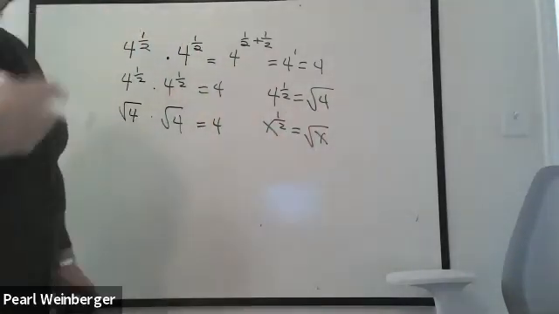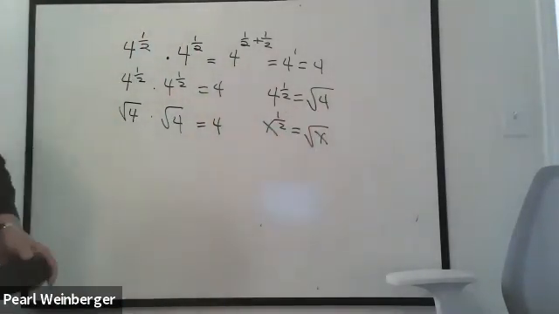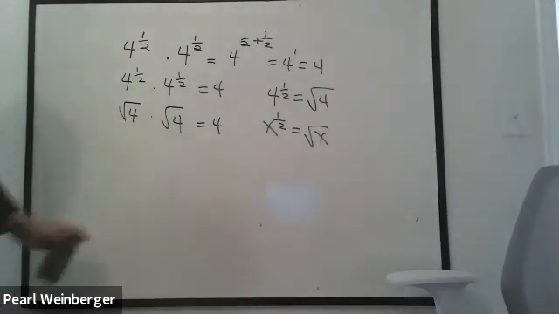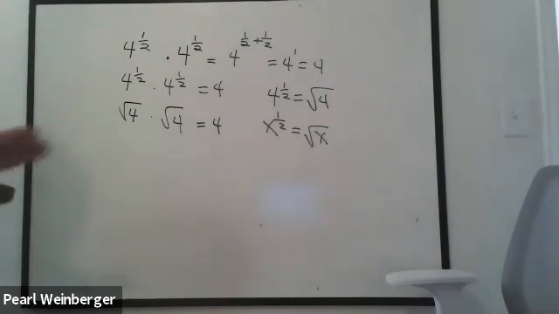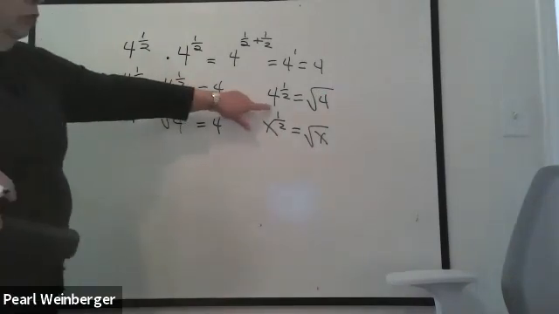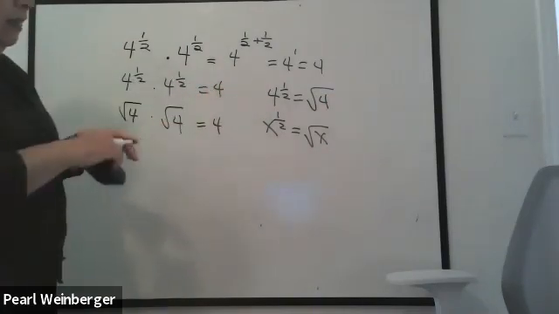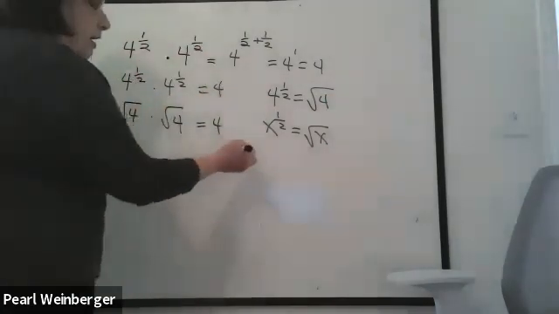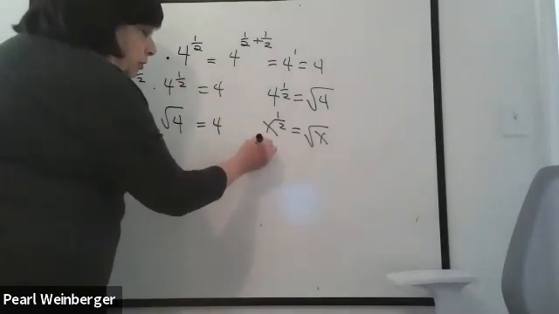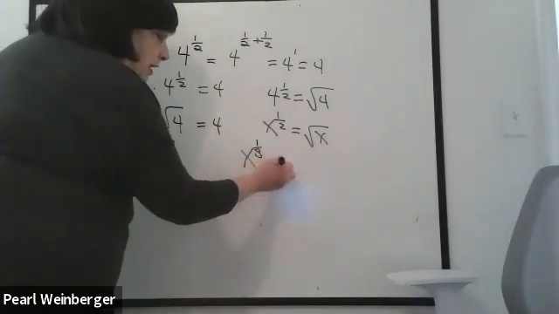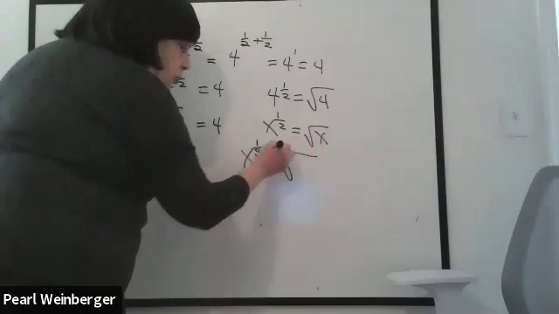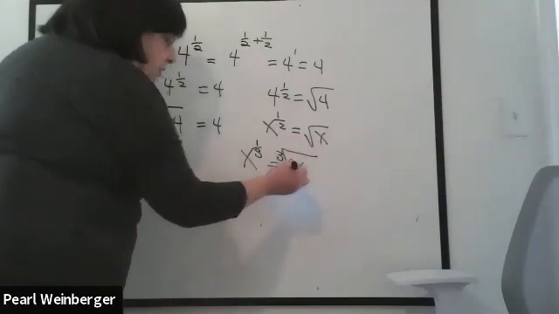And we can expand this definition to say that any time we have a fractional exponent where the numerator of the fraction is 1, in other words, if I have x to the 1/3, that's the same thing as saying the cube root of x.